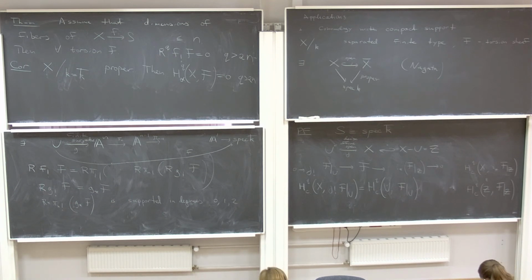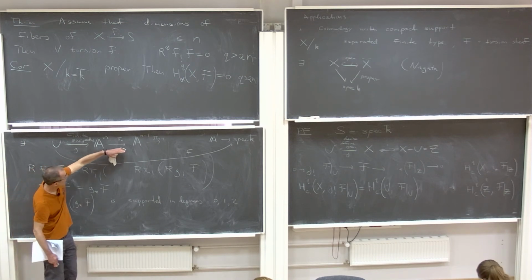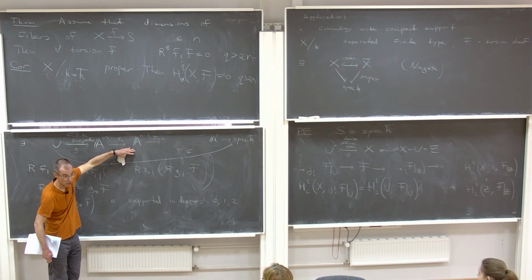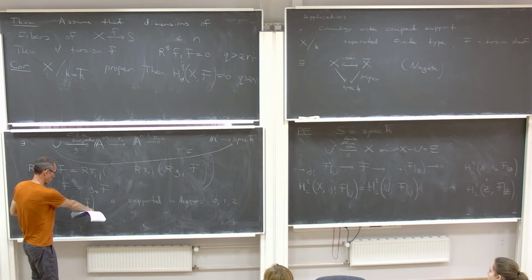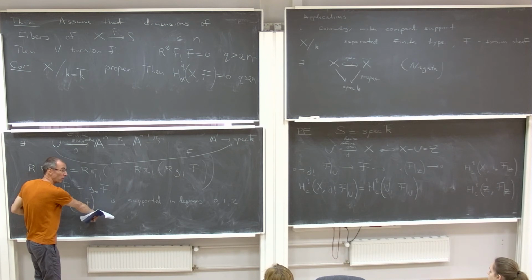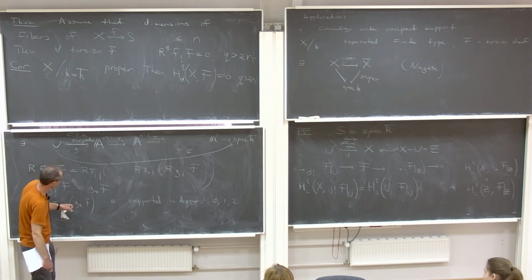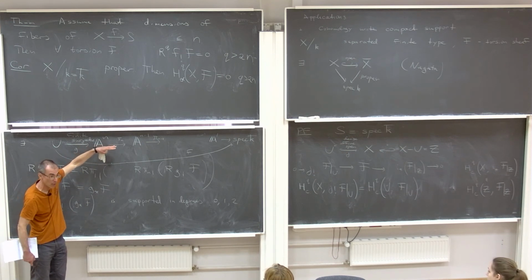Right? Why is that? Because the fibers of this morphism are curves, namely A1. So by proper base change, I want to show, for example, the vanishing of the third cohomology sheaf of this. That's the same as cohomology with compact support of the fiber.